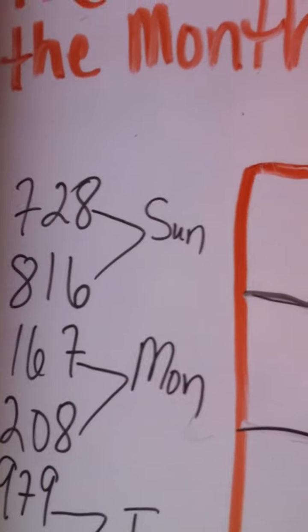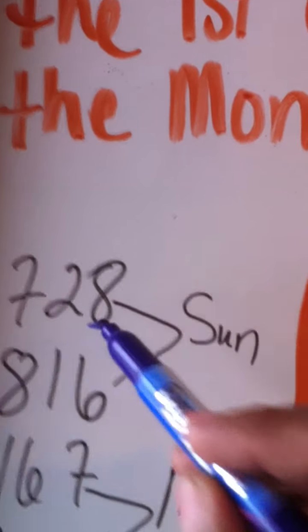And the 8 fell in the third place, as you see right here. So I would find the third box, go all the way down until I find 8, and place a tally mark for the 8.